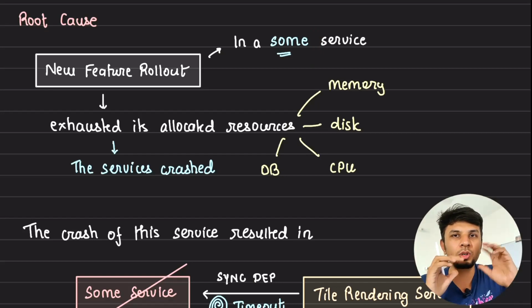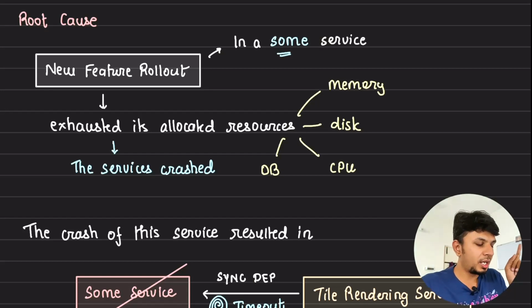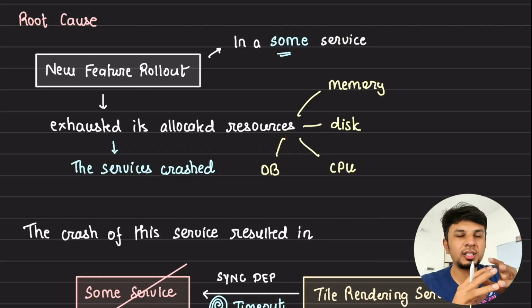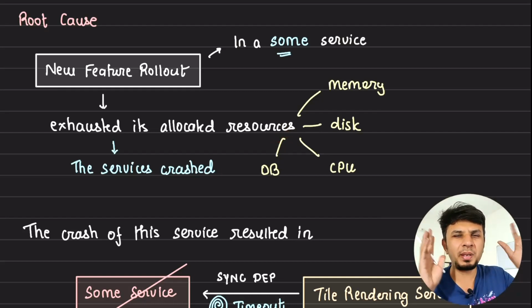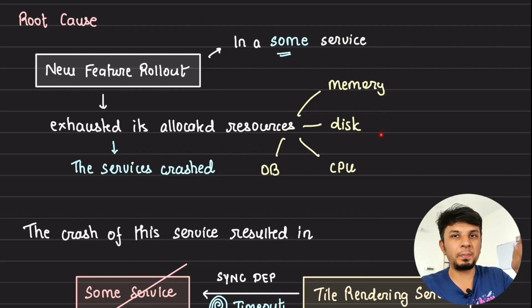That particular rollout had some bug in it, because of which it exhausted the allocated resources on the server. Your service runs on a server that has memory, disk, CPU, maybe some shared database and whatnot. They have not specified which resource, but obviously it could be one of these four: a shared stateful thing, or CPU, or disk, or memory.